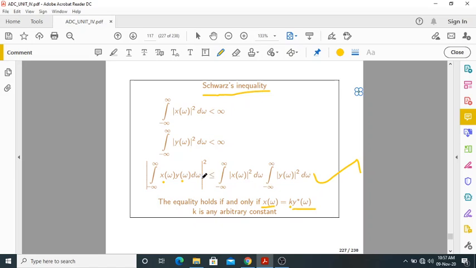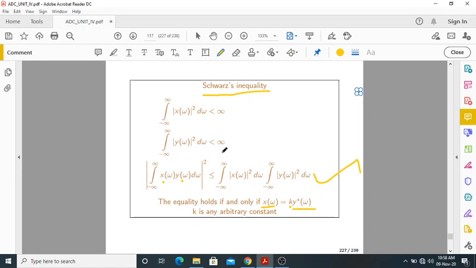Otherwise it is less than. When they are equal, it is if and only if x of omega equals k times y conjugate of omega. So we have a quantity on the left that is less than or equal to the product of these two quantities, but these will be equal if and only if x of omega equals some k times, k is a constant, y conjugate of omega.